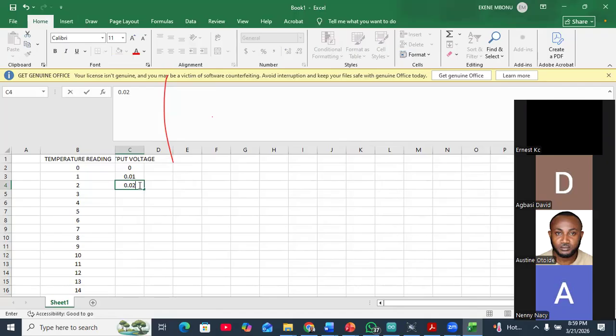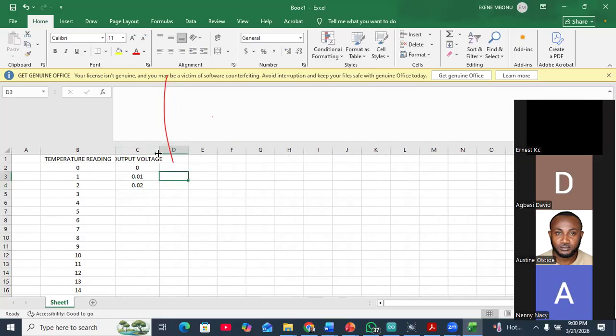If we convert 0.01 volts to millivolts, what is it? That is 10 millivolts. Am I correct? Yes, sir. It's 10 millivolts. This is in volts.